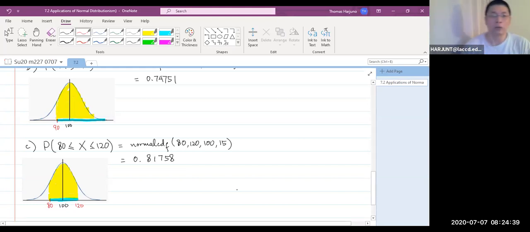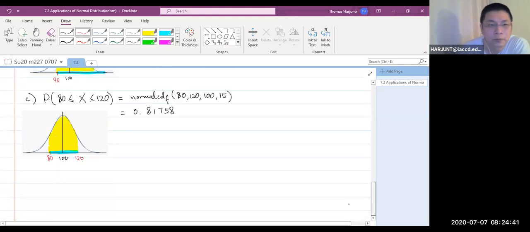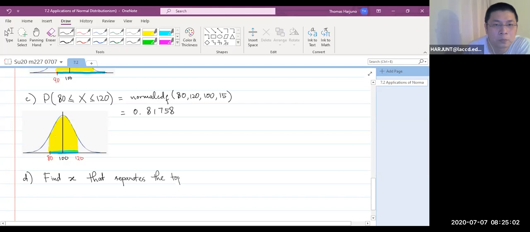Suppose I want to find, for example, X, the IQ score that separates the top 20% from the bottom 80%.